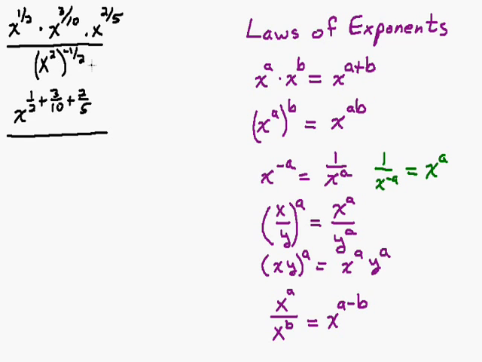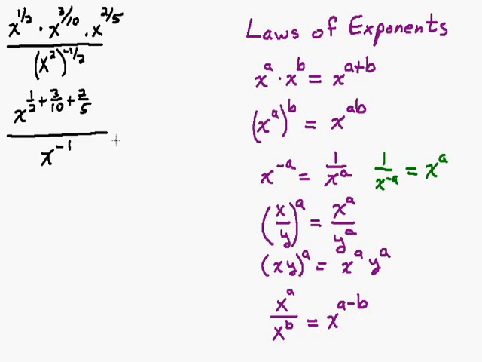Well, just looking at this, I'm thinking it looks like this one right here. What do I do with those two exponents? I multiply them. So 2 times negative 1/2 is negative 1. Now I'm going to have to do something with that negative 1 in a minute, but I'm going to go ahead and work on my numerator.